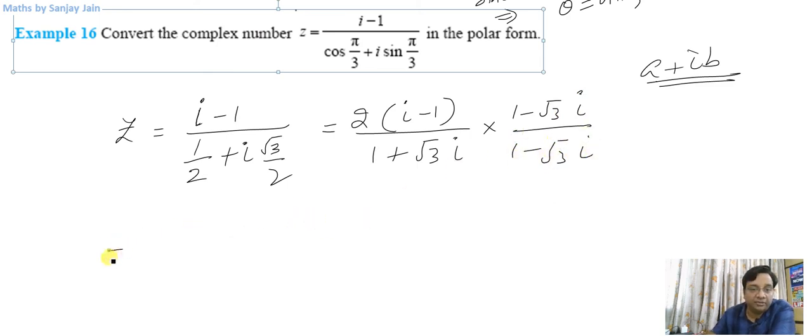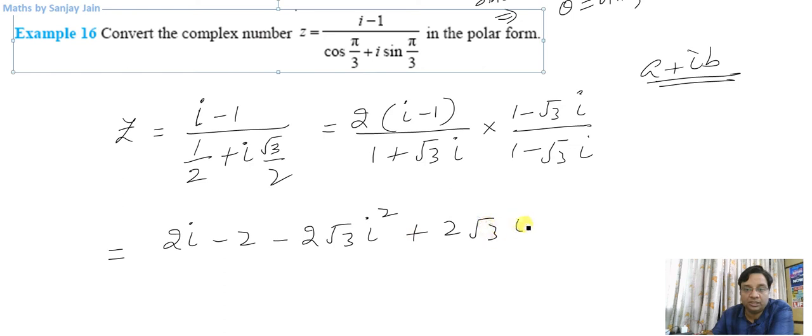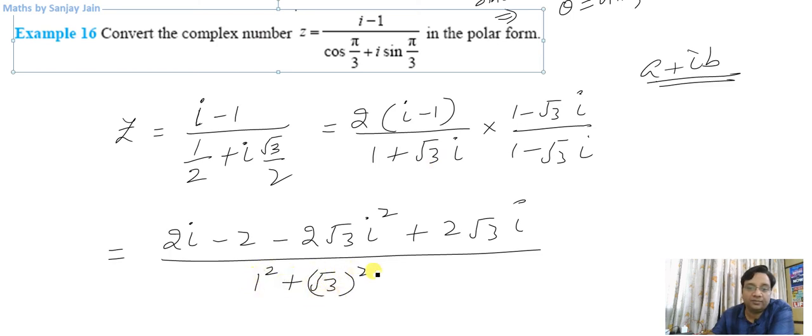Now the numerator will become, this is 2 iota into 1, 2 iota minus 2, and then minus root 3 iota into 2 iota will become minus 2 root 3 iota squared, and this minus minus will become plus, so plus 2 root 3 iota. This is the numerator. What about the denominator? Denominator will be 1 squared plus root 3 squared.